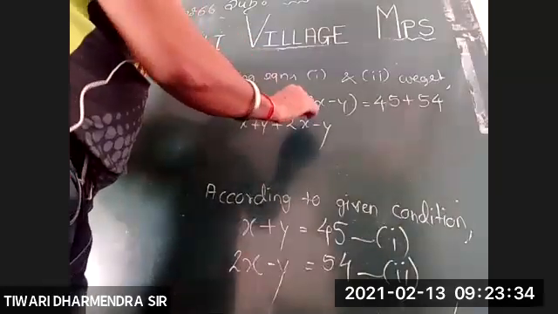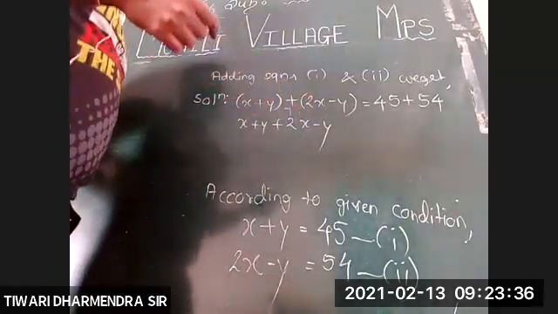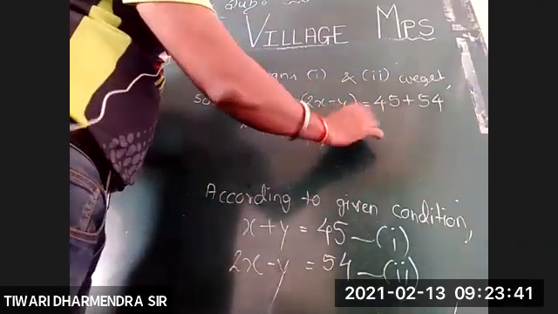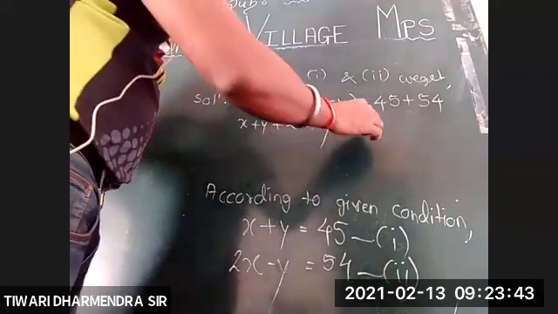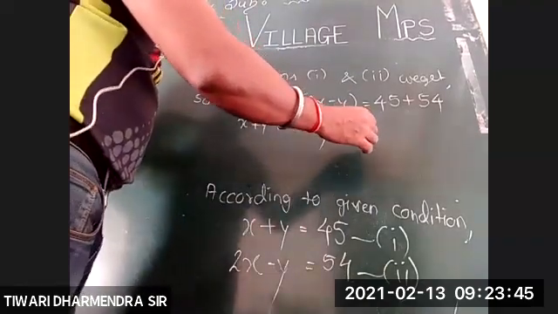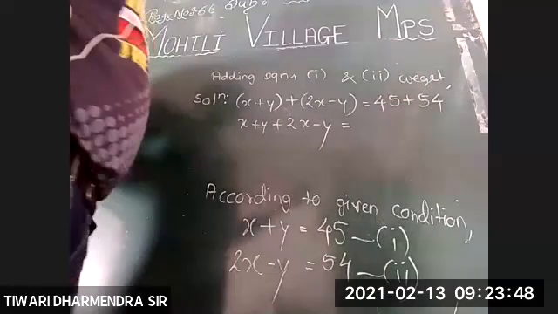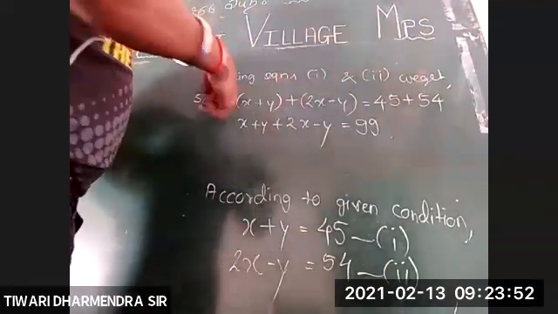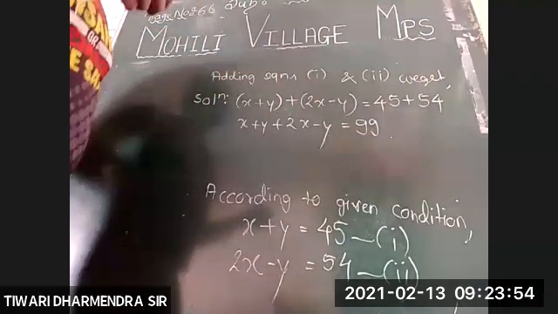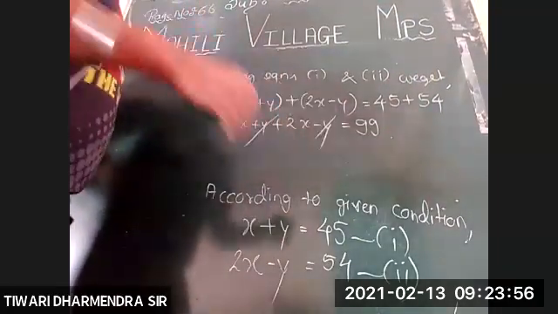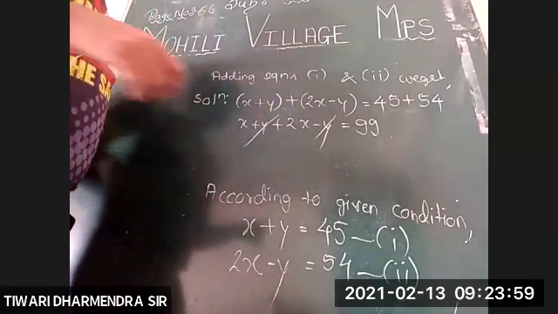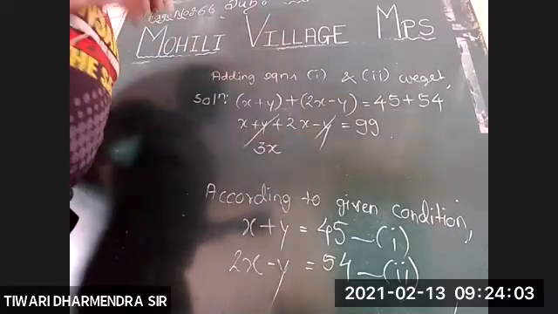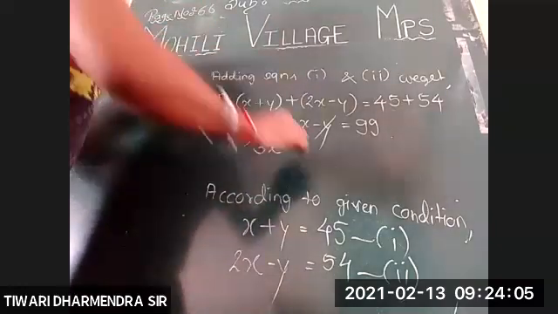Instead of this positive sign, if I would have minus sign, then sign would have changed after opening a bracket. But right now we can see that they're having positive sign outside of the bracket, so sign remains same. 45 plus 54 is 99. Terms or variables with opposite sign get cancelled. Plus y minus y gets cancelled. So x plus 2x is 3x is equal to 99.